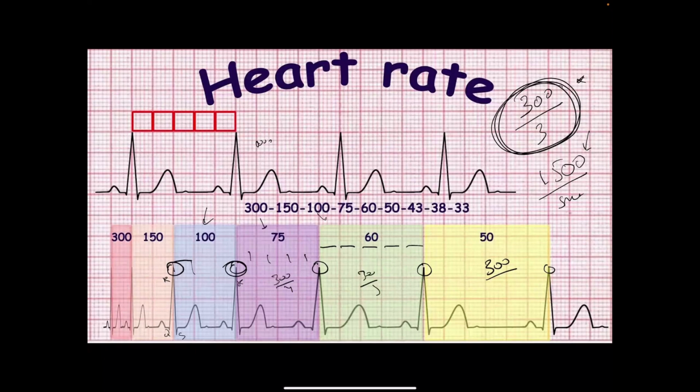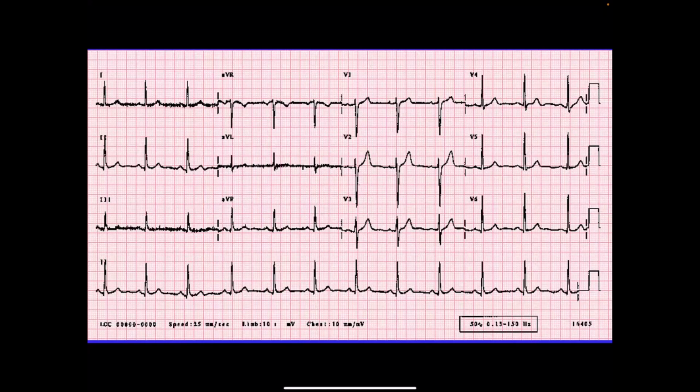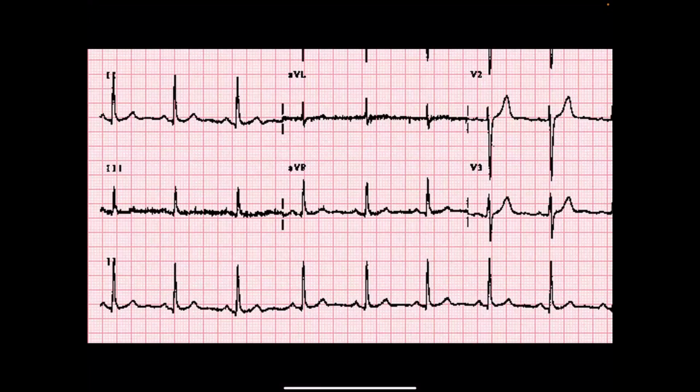Were you talking about a specific part of the ECG? I thought the strip on the top. On the top? No, in order to do that, you look at this one, the rhythm strip. Oh, if it's this example, then it's 300 divided by 4 squares. Yes, exactly. So you have 1, 2, 3, 4 squares and a tiny bit. So it's around 75 beats per minute.